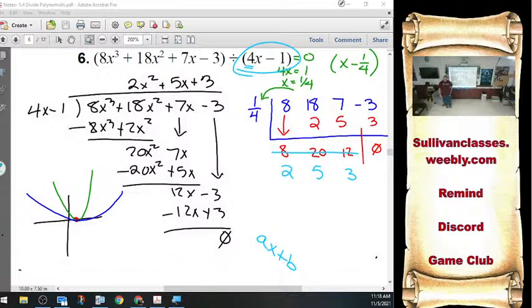Since I divided this by 4 to get this, I have to divide my answer by 4.